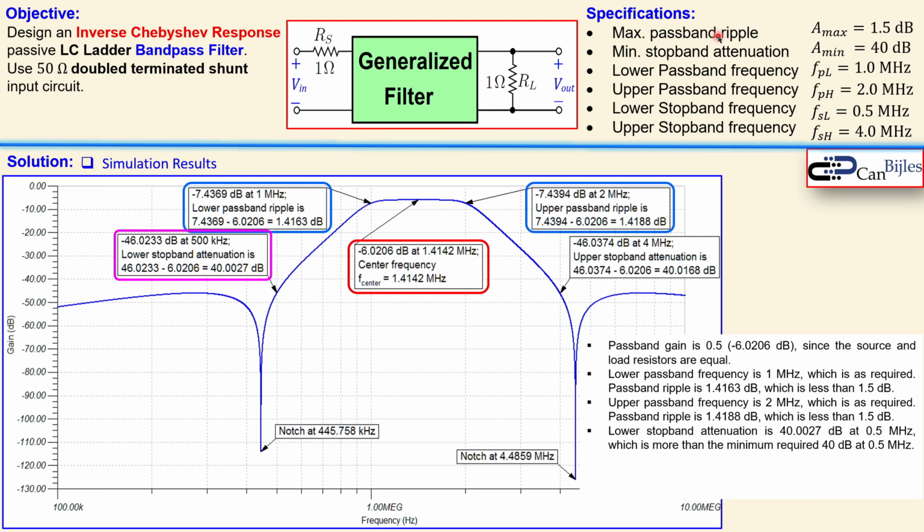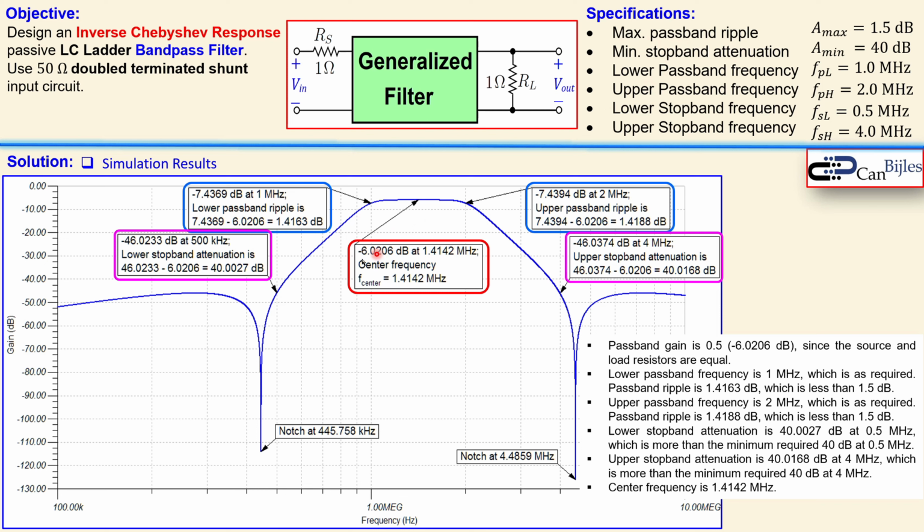That is the effect of this step for the inverse Chebyshev design. This is also sufficient according to specification for the upper stop band frequency. You also see that it's 40.0168, definitely at least 40 as said here.